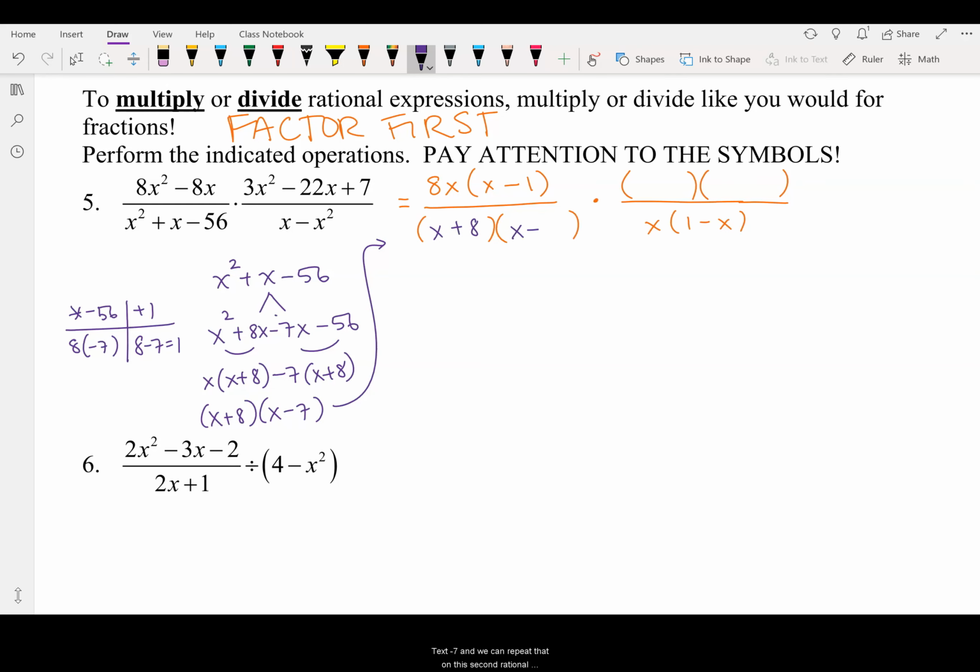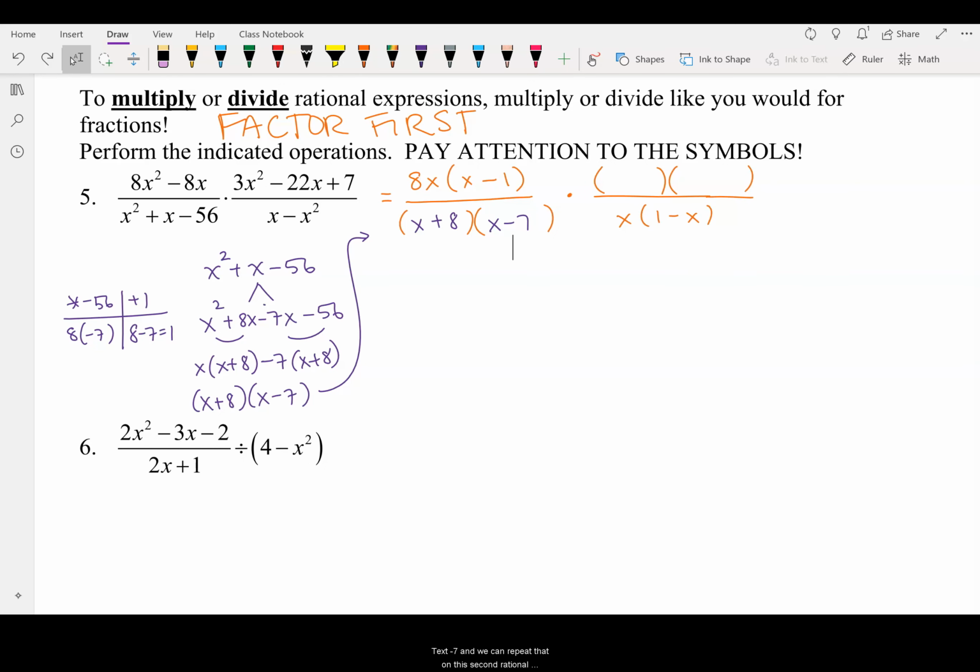So we'll put those up here, x plus 8, x minus 7, and we can repeat that on this second rational expression, the numerator, 3x squared minus 22x plus 7. We're going to multiply 3 times 7. We need two numbers that multiply to be 21 and add to be negative 22. If we think about that one, negative 1 times negative 21 will give us positive 21, and negative 1 plus negative 21 will give us negative 22.